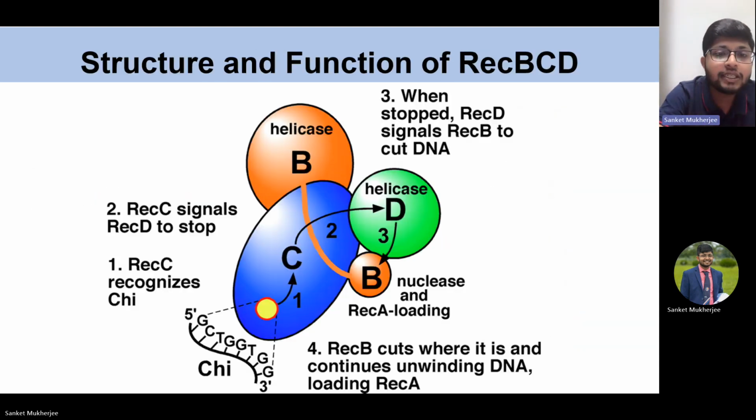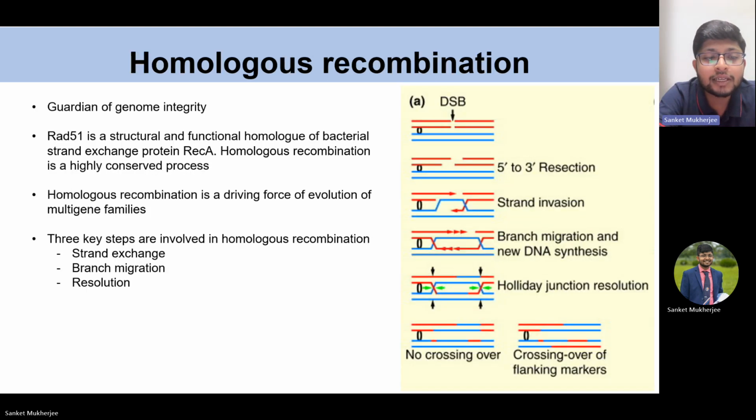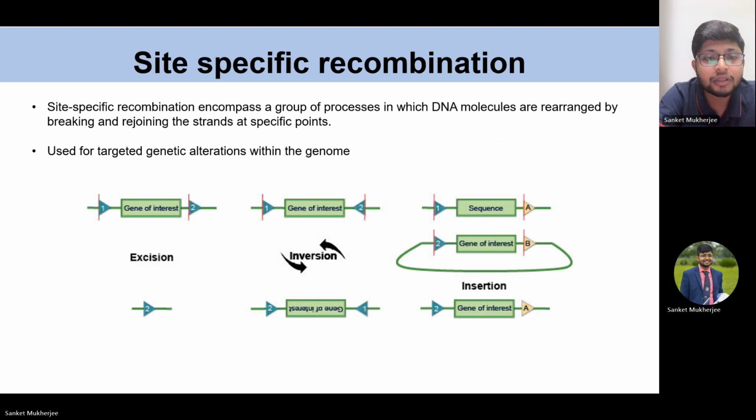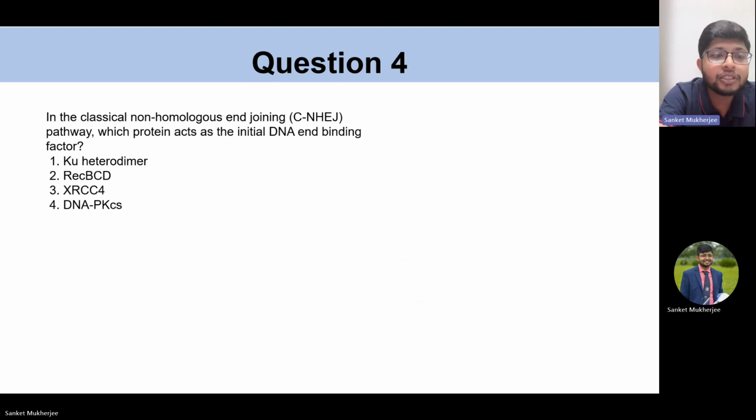Yeah, so here we see that at a double-stranded break, the Ku70 and Ku80 proteins are usually involved initially for non-homologous end joining repair. So the Ku heterodimers are involved in non-homologous end joining repairs.